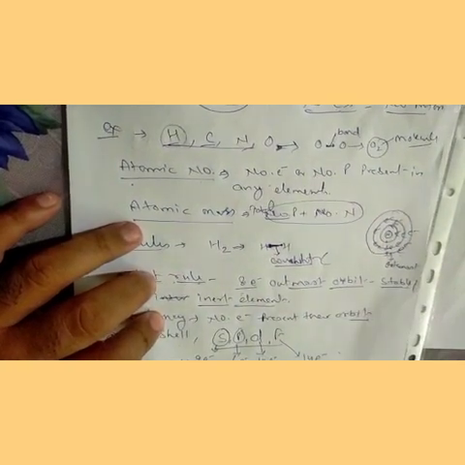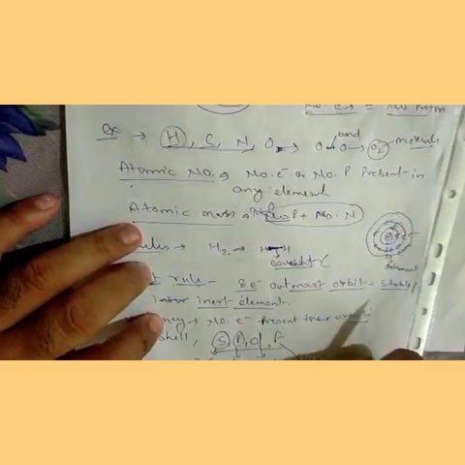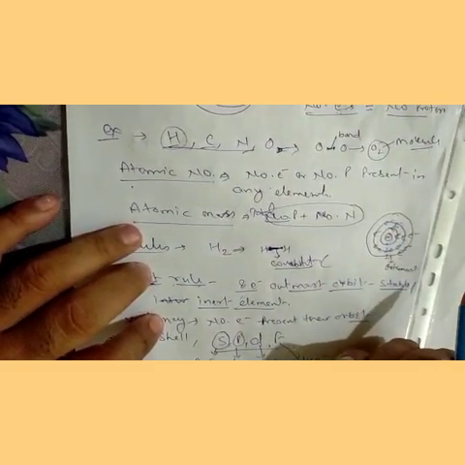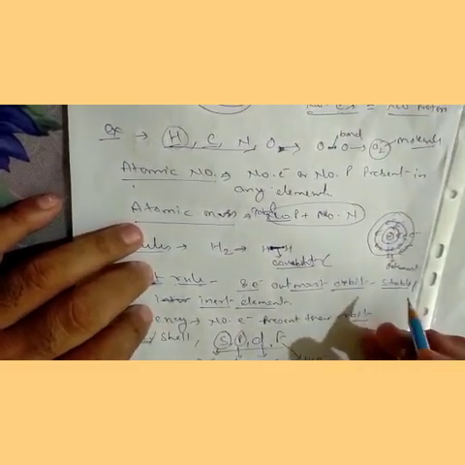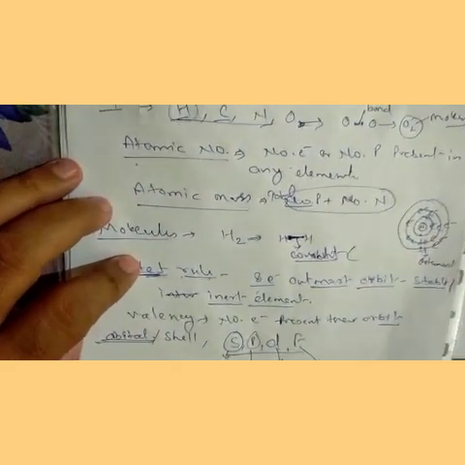Or it may accept 6 electrons to become 8 electrons in its outermost orbit. But accepting 6 electrons is a challenge because it's not an easy task. So that's why it will lose the electrons. Now it has 2 electrons in its outermost orbit. That's why it's called valency 2.